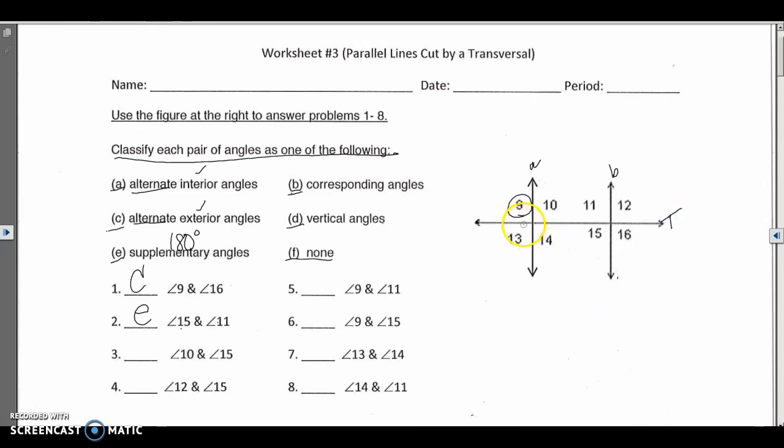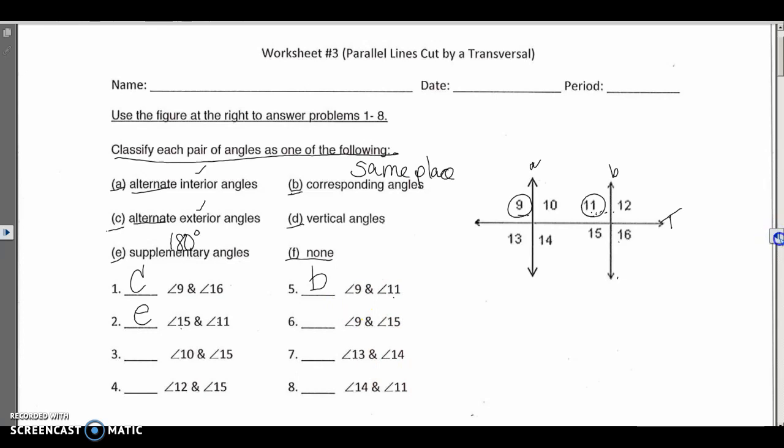Angle 9 is on the top of the transversal, to the left of line A. At this intersection, 4 angles were formed. Which one corresponds, or is in the same place as, angle 9? It's going to be angle 11, because it's also on the top of the transversal to the left. For each parallel line, they're in the same position. So corresponding angles means same place. Angles 9 and 11 are corresponding. That's actually number 5 right here.